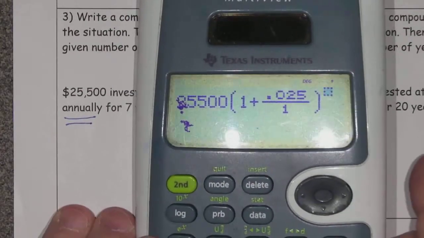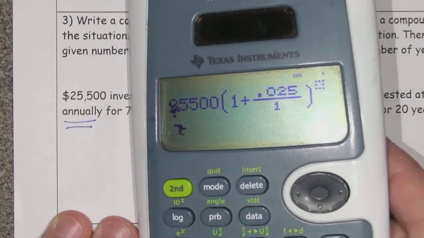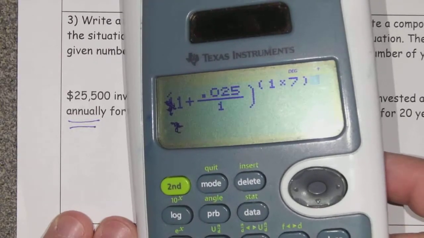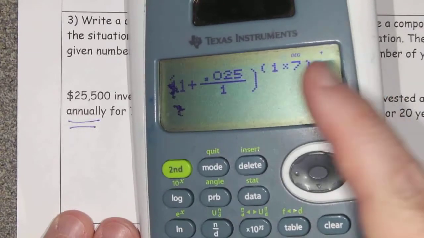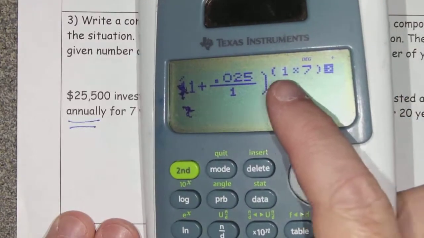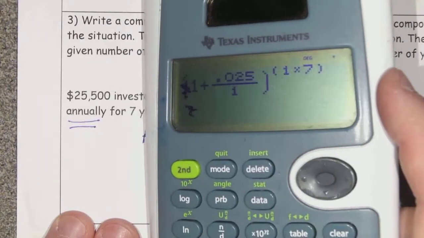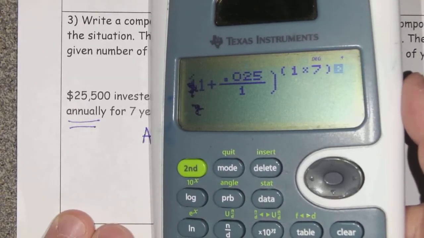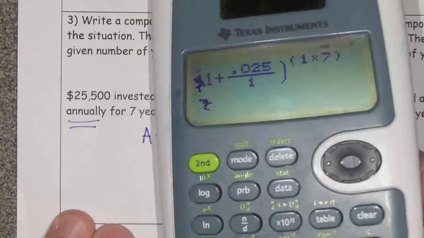I like to write my power like this. I like to go parentheses and then do 1 times 7 in parentheses so that my calculator does it right. On this particular problem, you guys, the 1 doesn't really matter too much. 1 times 7 is 7. But if it was another number, we would want to make sure that it was in parentheses like that.